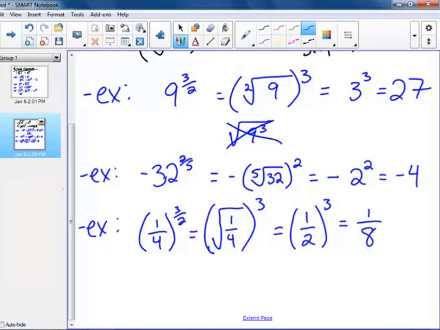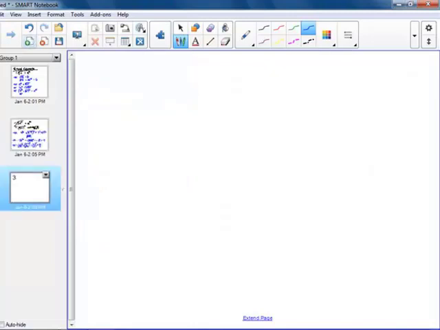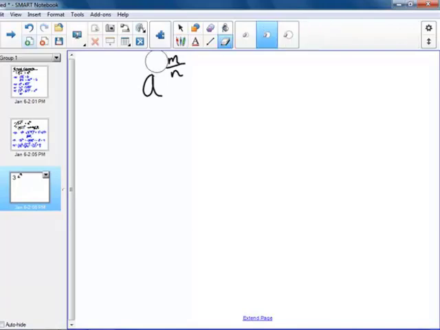Okay, now one other rule I'm going to give you. Kind of combines a couple things we've done. A to the negative m over n power. And let me make that negative, I'm going to put it right in front. The whole thing is negative. A to the negative m over n power.